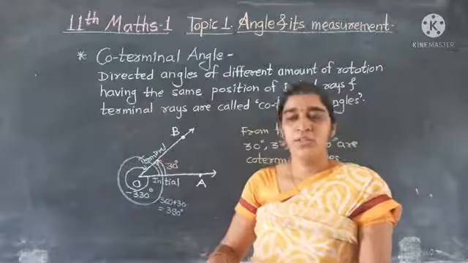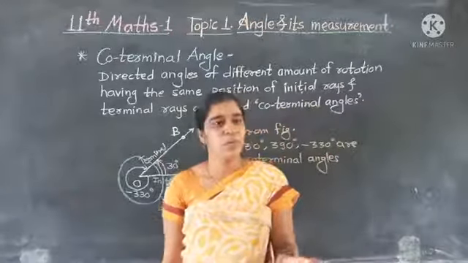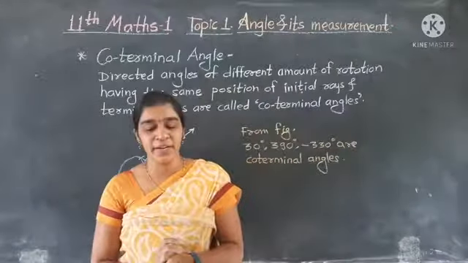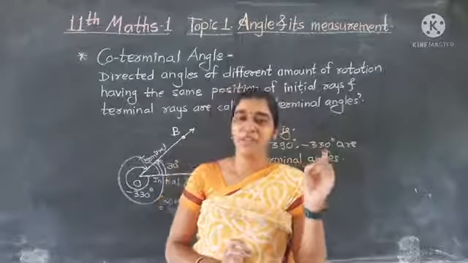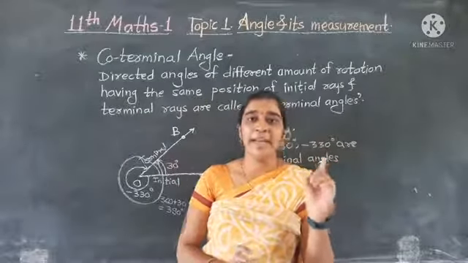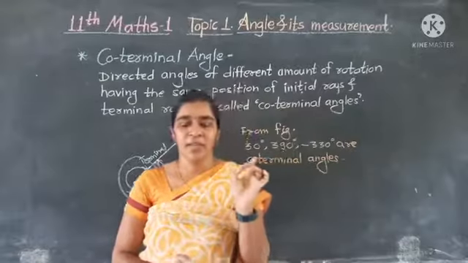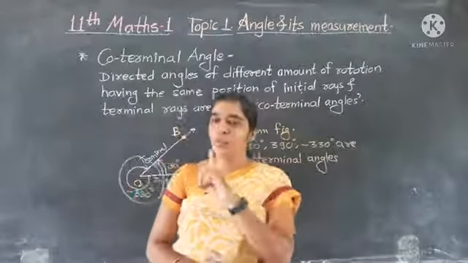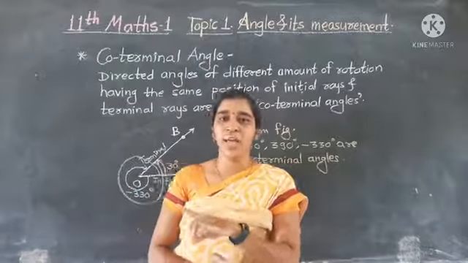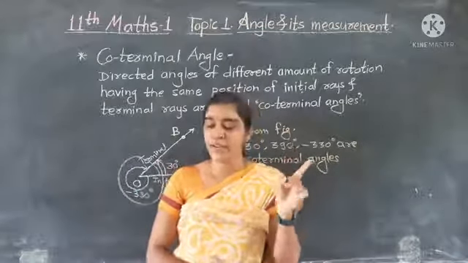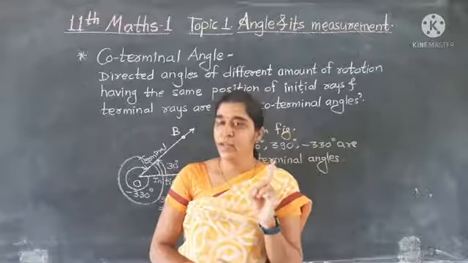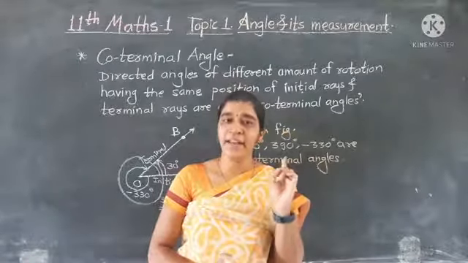Okay, so students, in this video we started topic number one, angle and its measurement. Here we first saw how to write a directed angle. We take the position of the initial arm and final arm and we write the directed angle. Then what is the sign of that directed angle?